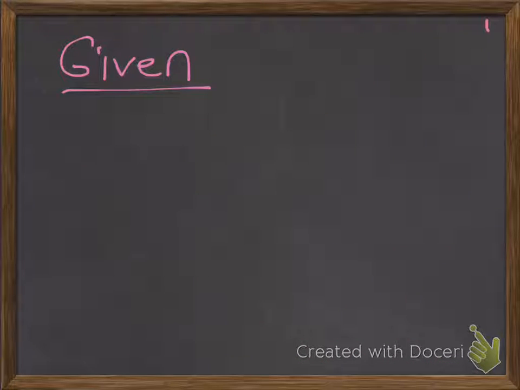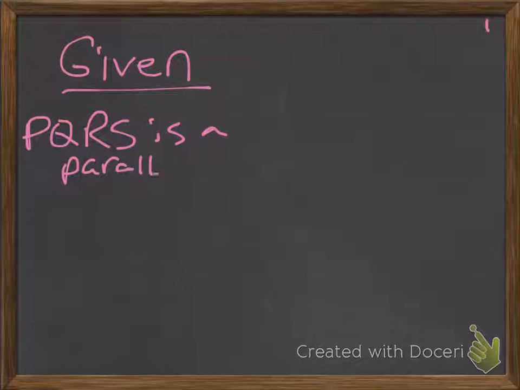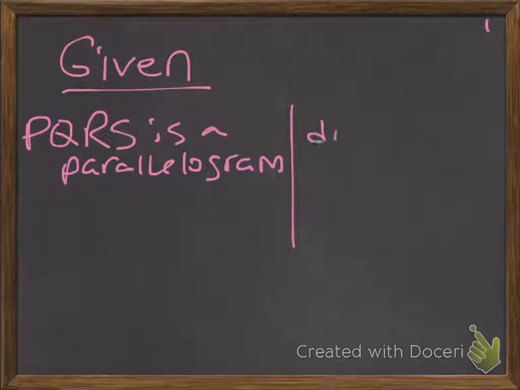Then we could say something about the diagonals bisecting each other, because we know that they're already perpendicular bisectors. So we can say that PQRS is a parallelogram, because the diagonals bisect each other.